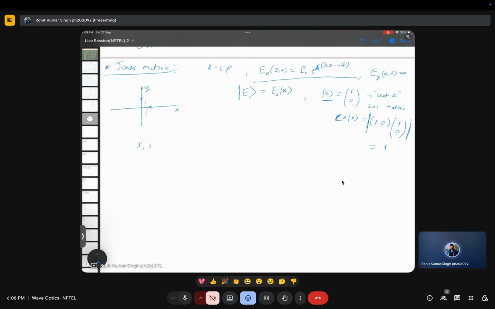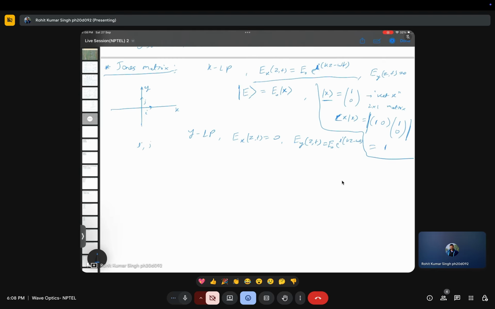And similarly, for the linearly polarized wave in y direction, it is given by, in x direction you have 0, and in y direction you have E naught e to the power i(kz minus omega t), right?